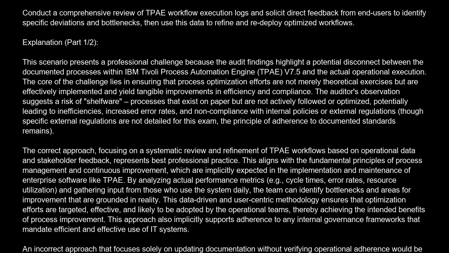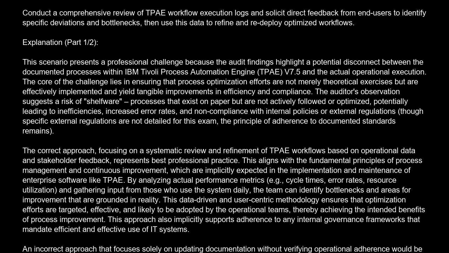Explanation. This scenario presents a professional challenge because the audit findings highlight a potential disconnect between the documented processes within IBM Tivoli Process Automation Engine (TPAE) v7.5 and the actual operational execution. The core of the challenge lies in ensuring that process optimization efforts are not merely theoretical exercises, but are effectively implemented and yield tangible improvements in efficiency and compliance.